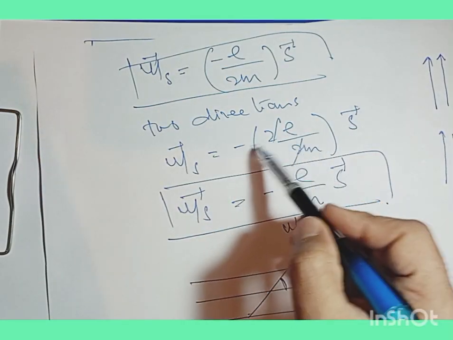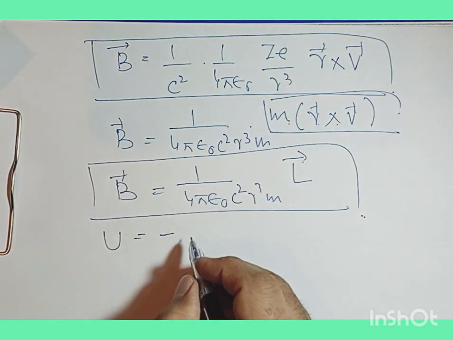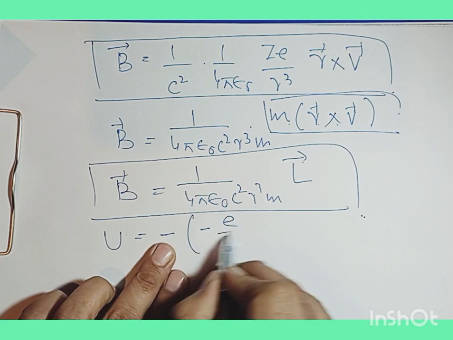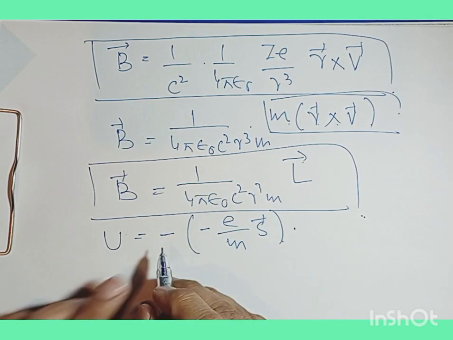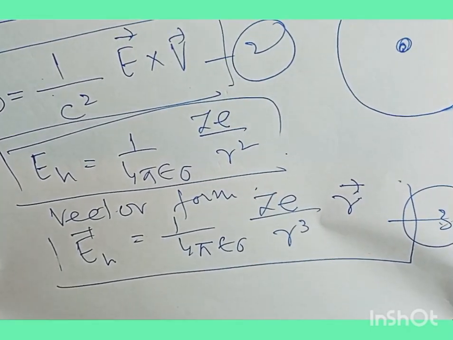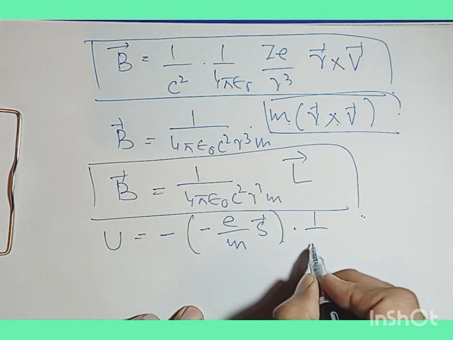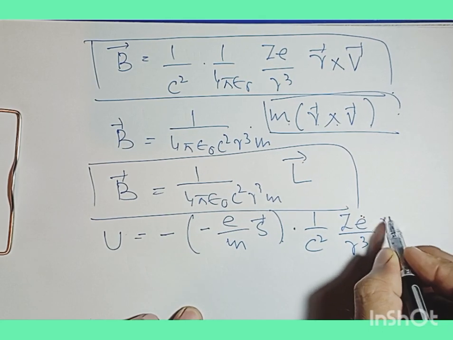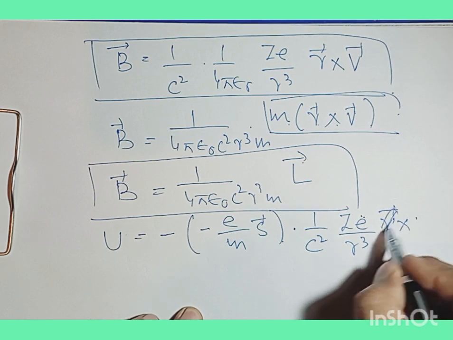It is minus e by m S vector. So here I will have minus e by m S vector, and then dot, and after the dot I have the magnetic field, which is 1 by c square Z e by R cube.